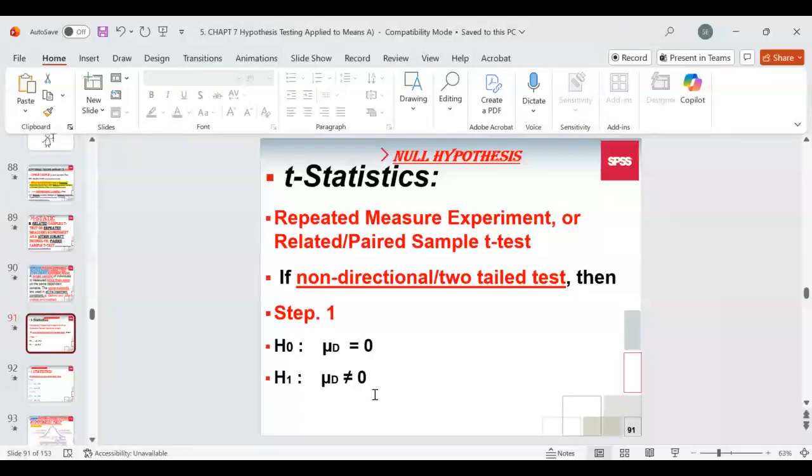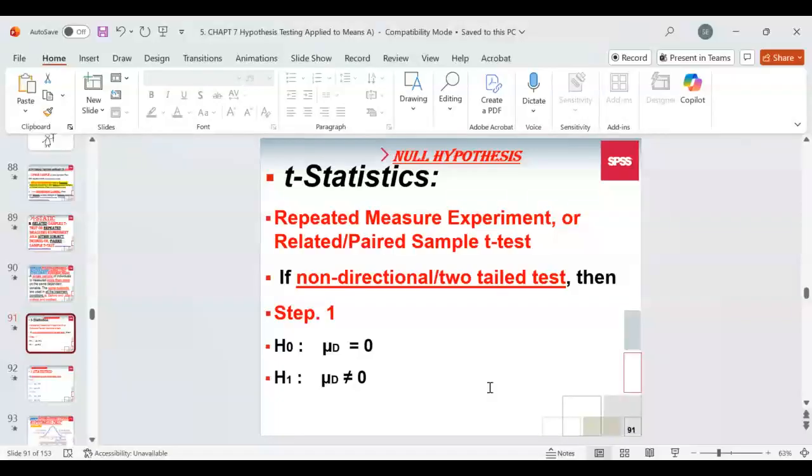The second time will not be 90, because 90 minus 90 is zero, no difference. But we think there will be a difference in our research. But again, null on top, H naught, says the mean difference is zero. So null is out there, an entity telling us that you're wasting your time. There will be no difference before and after your measurement. Or if it's the drugs, the medicine, they say it has no effect.